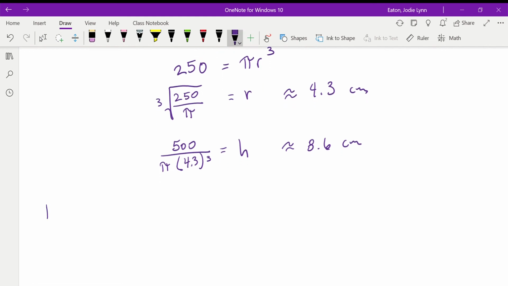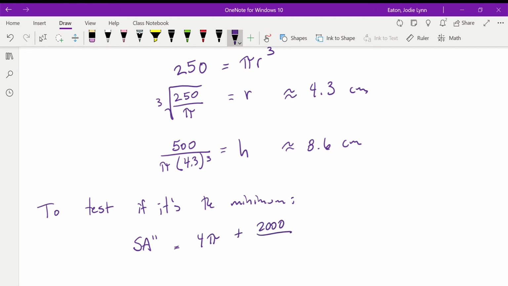So now we want to test if it's the minimum. Okay, so we have to test that it's the minimum. We could also try doing the endpoints, but we're just going to make sure it is a minimum. So we have our surface area double prime is 4 pi plus 2,000, multiplying by -2, r cubed, r to the -3.